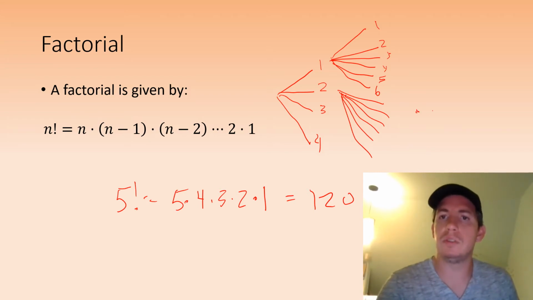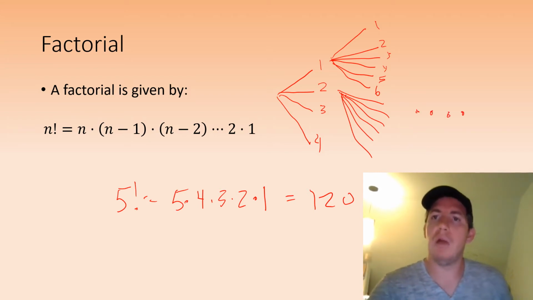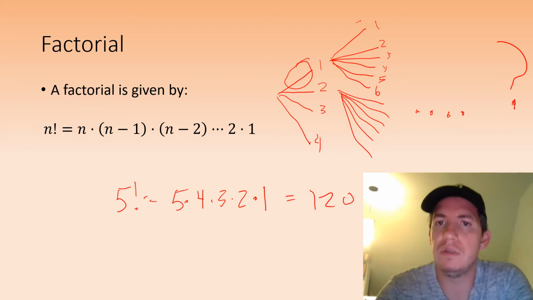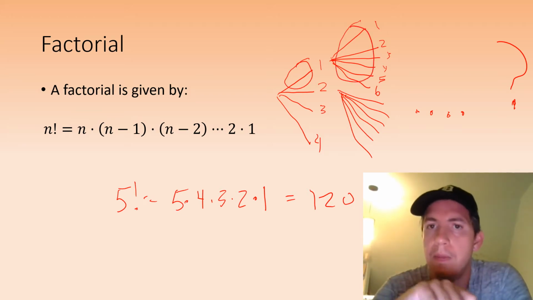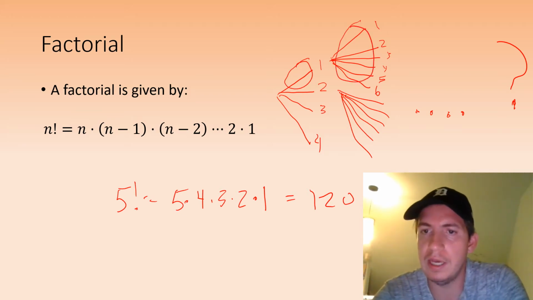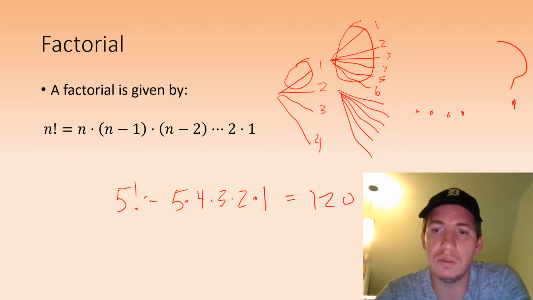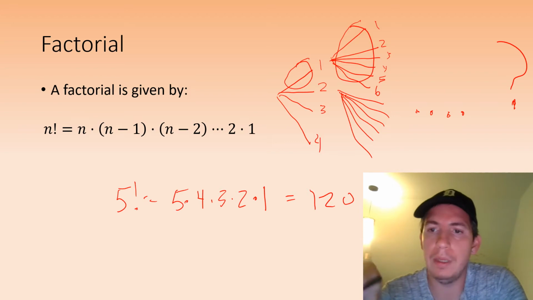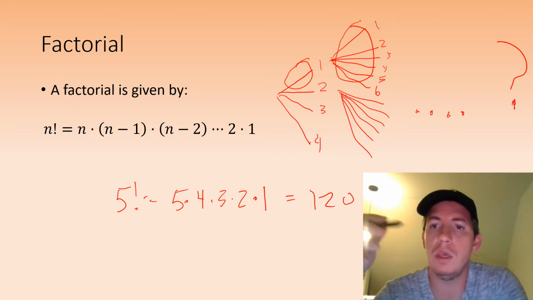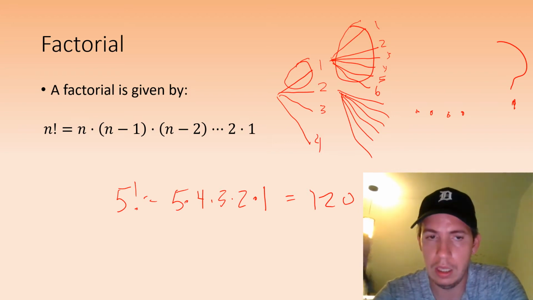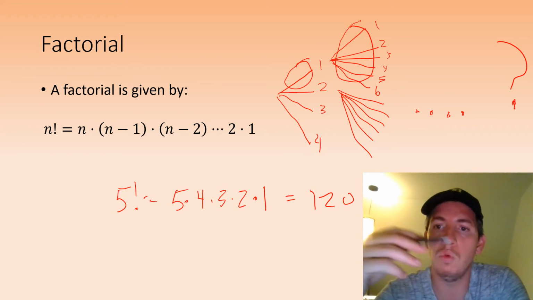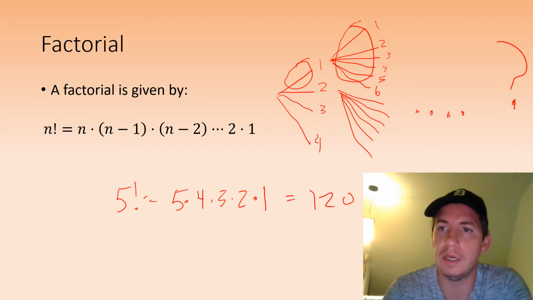If I keep on building this tree, and I want to figure out how many branches there are at the very end, each of these branches will have 6 branches attached to it, and each of those branches will have so many branches attached to it, and so you just multiply those numbers. Now the factorial works out because we're going to start to see that we've used something and no longer have it to work with, so we'll have one less thing to work with, and we'll see that in just a second.